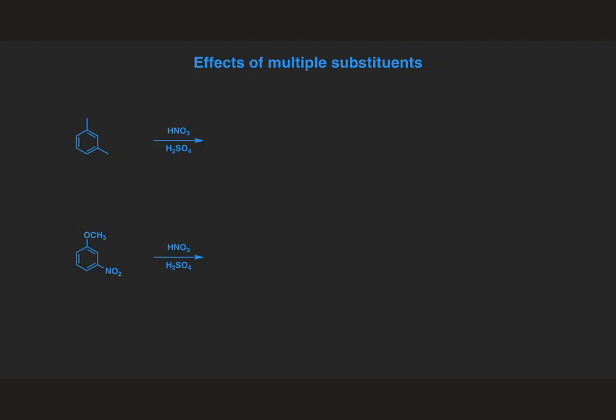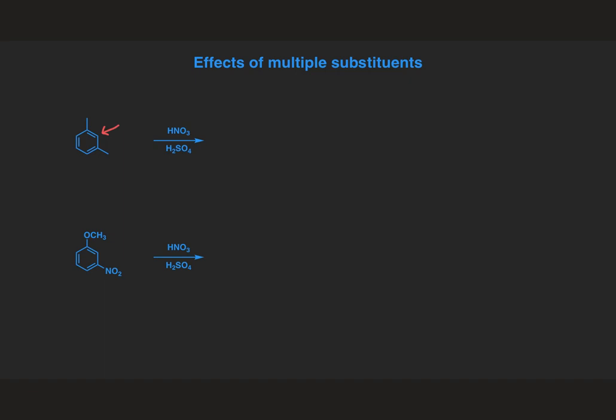Electrophilic aromatic substitution can also be conducted on multiply substituted aromatic rings. So if we look at this compound, meta-xylene, where you have two methyl groups that are meta from one another, and we think about the nitration of that compound. This position here is ortho to both positions, and methyl groups are ortho-para directors.